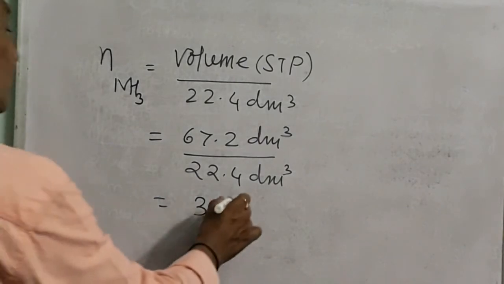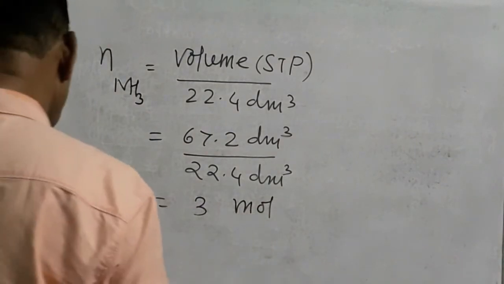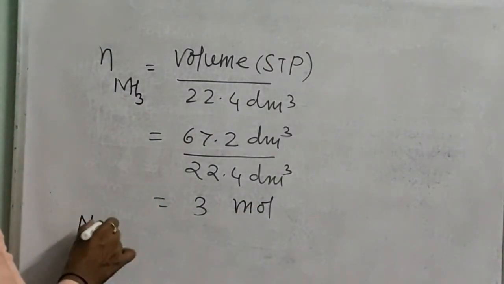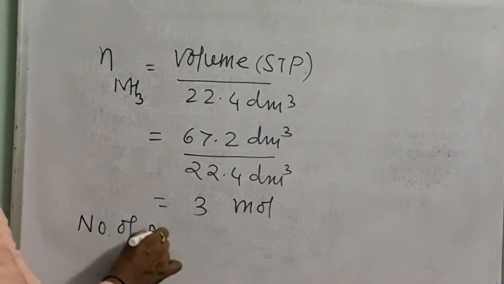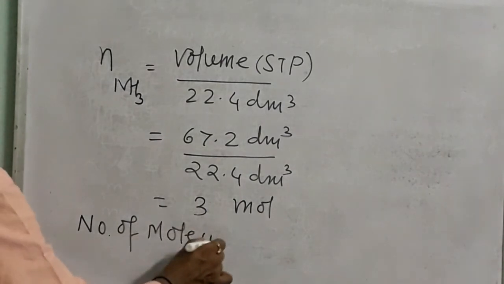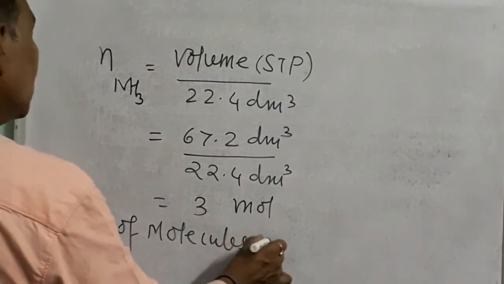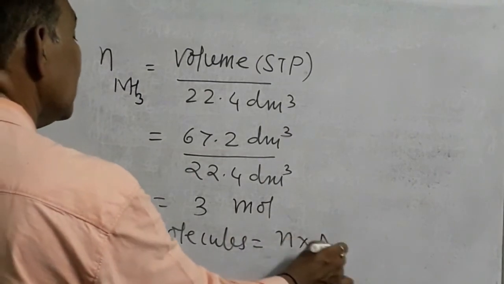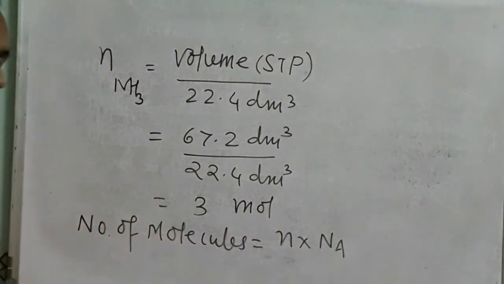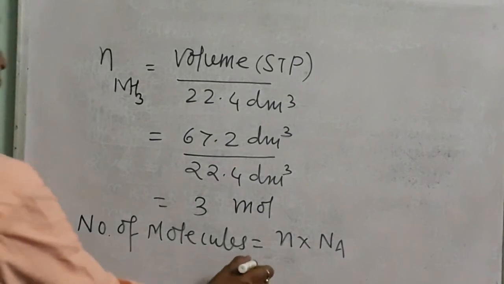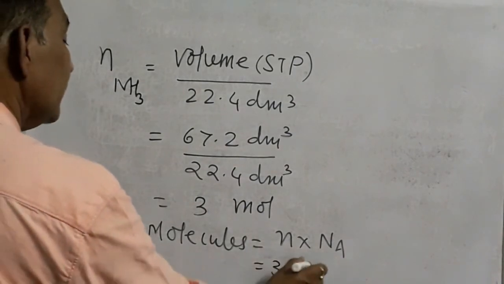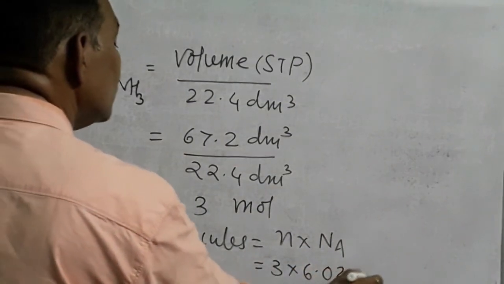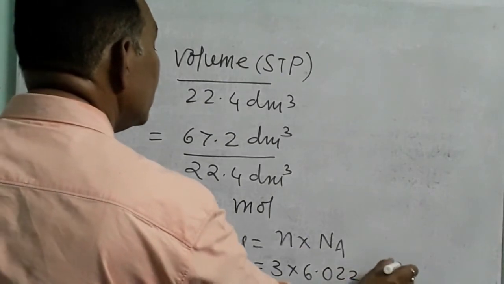So these are the number of moles, 3 moles. Now the number of molecules will be equal to, as we have just seen in the formula, number of moles multiplied by Avogadro's number. So 3 into Avogadro's number, 6.022 into 10 to the power 23.